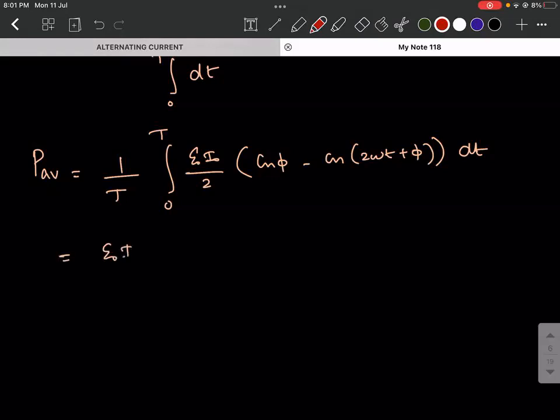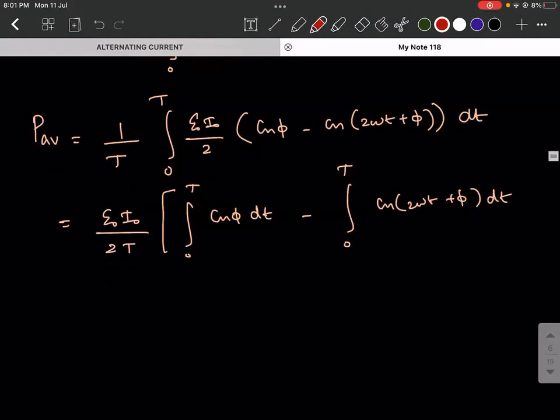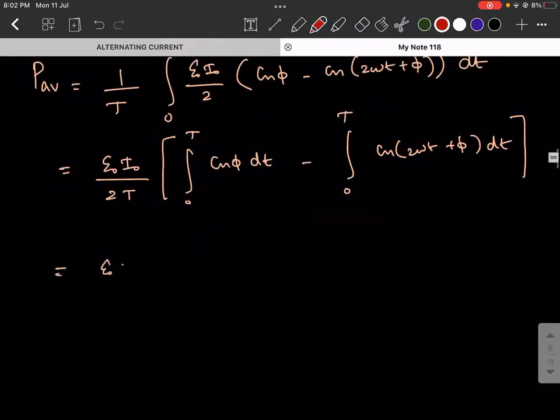So it will be E naught I naught divided by 2T into integral of 0 to T of cos phi dt minus integral of 0 to T of cos of 2 omega t plus phi dt. This cos phi will come out of the integral, so cos phi into integral of dt is capital T.